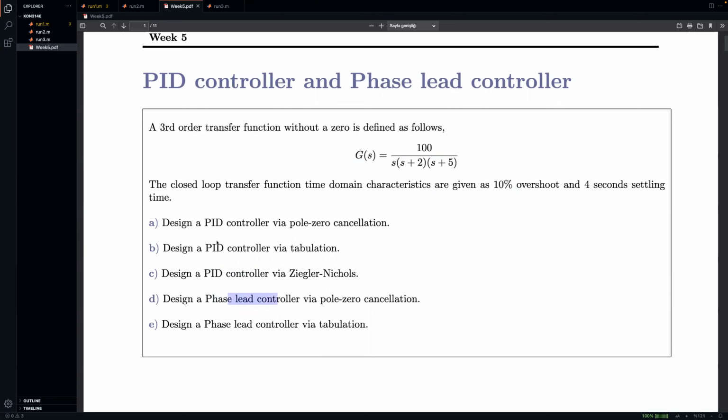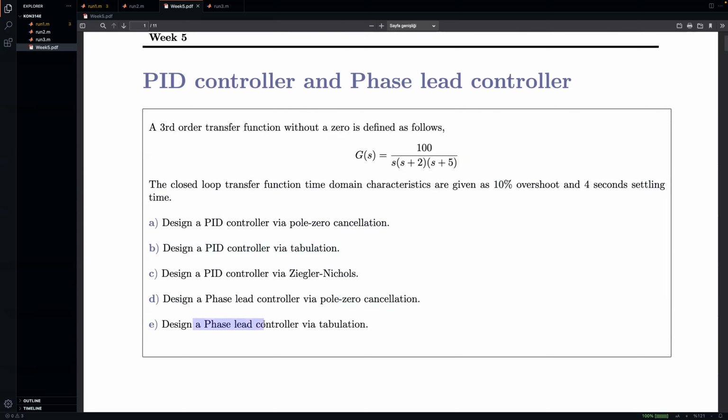So technically, our best controller ended up being a PD controller, and directly by getting rid of S+5, K times S+5 is a lead controller, a special version of it. You could just apply that, and that would also be the answer to D.